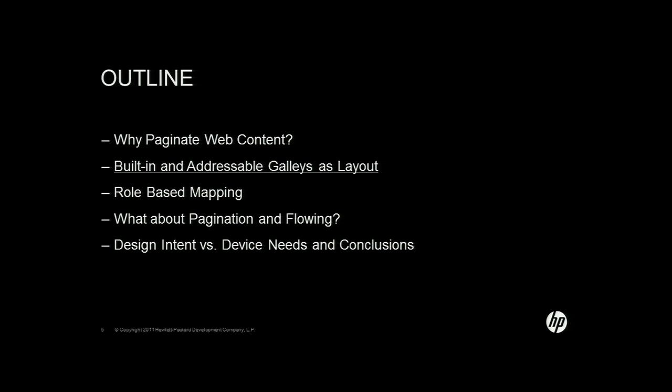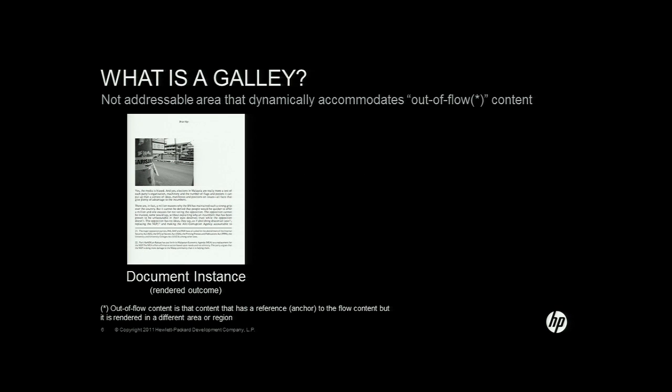So the other aspect is the designer wants to make sure that the design is providing the best experience possible for a user. So a document like this, which is relatively simple, there is a picture, some text, and footnotes, will be presented like this when it's rendered on a page.